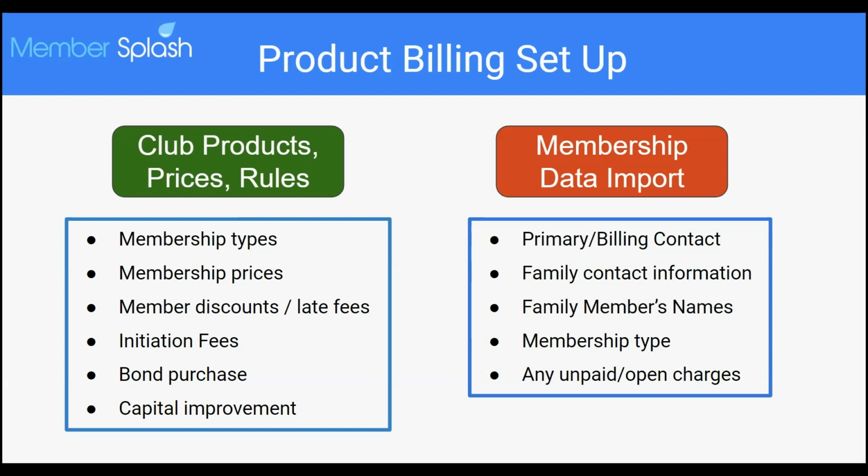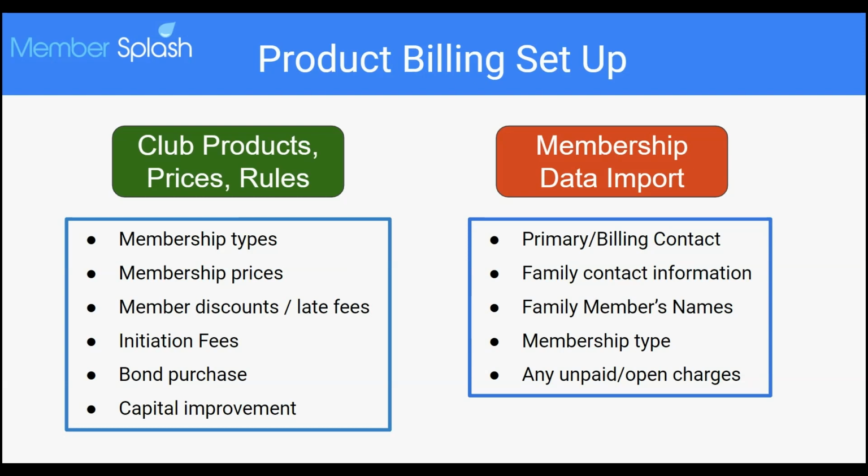Do you have one-time fees like initiation fees or bond purchases? Do you have any other items like capital improvement fees? All of these can be built into the MemberSplash system and automated. The other piece for billing setup, obviously, is the membership data import.